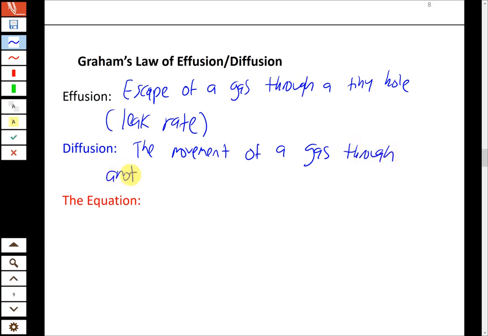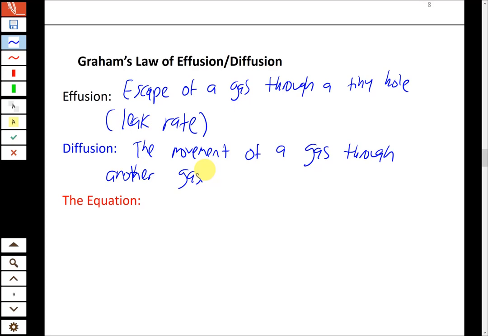Diffusion you could probably appreciate in an everyday life conceptual example. You've probably smelled a gas leak before, hopefully not too often or too intensely. The substance that you actually smell is not the natural gas itself.